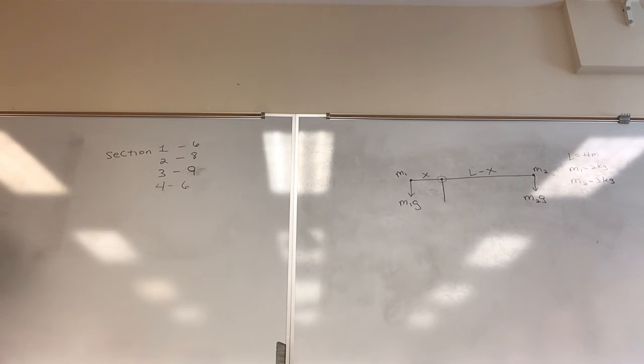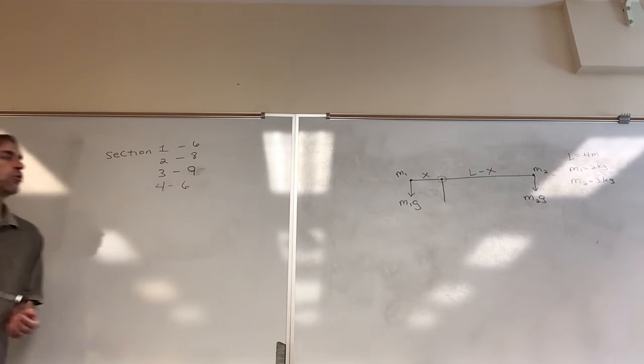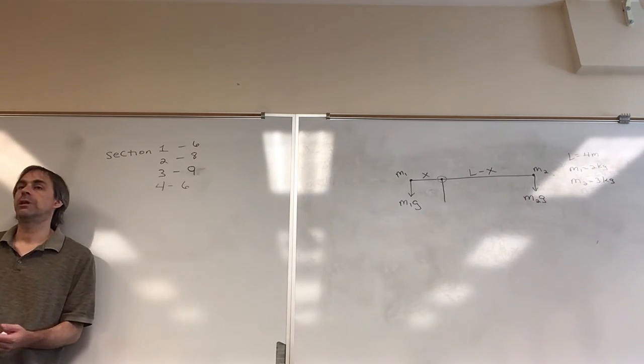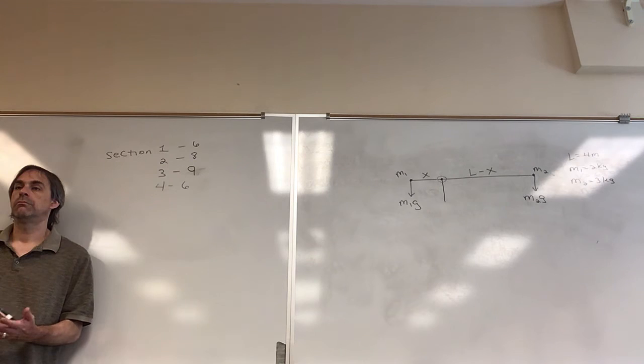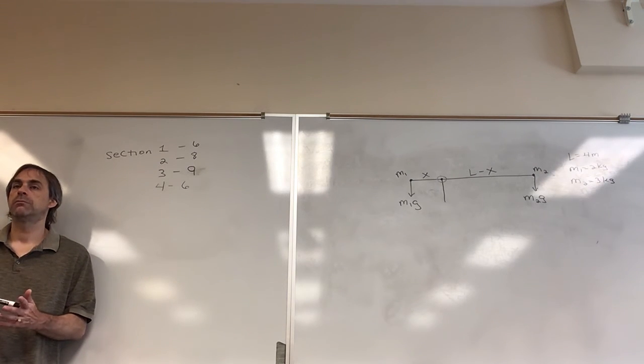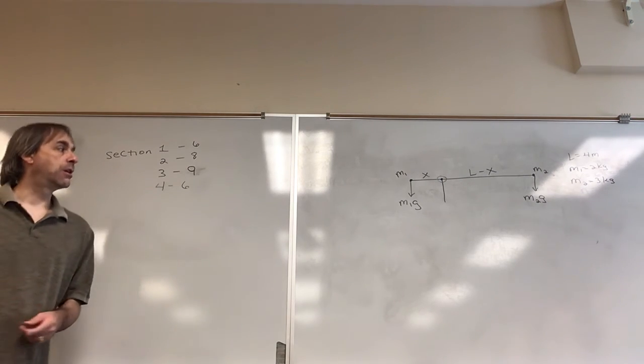So there's 2 ways we can do this. We could say net torque is 0, one of them is positive, one is negative. Or we could say torque clockwise equals torque counterclockwise. Does anyone have a preference? Equals 0. Okay. So let's look at this one.